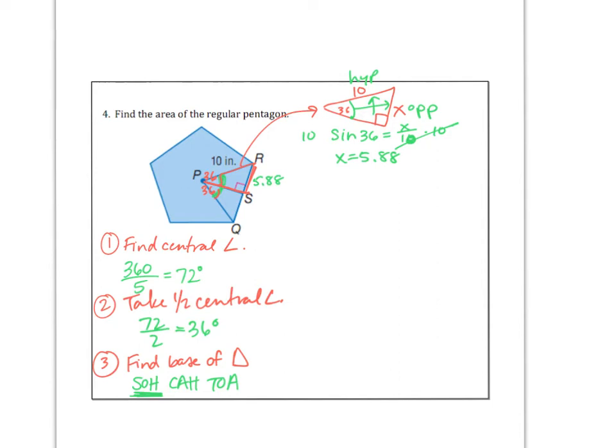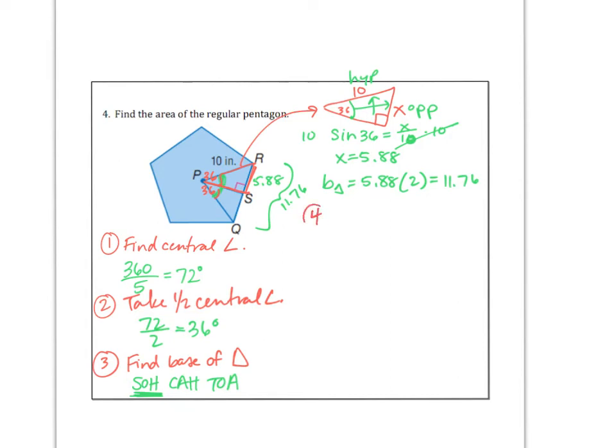But remember, the entire base goes from Q to R. And so to get the entire base of the triangle, you're going to take 5.88 and double it. So I believe that is 11.76. So 11.76 is the base of your triangle.